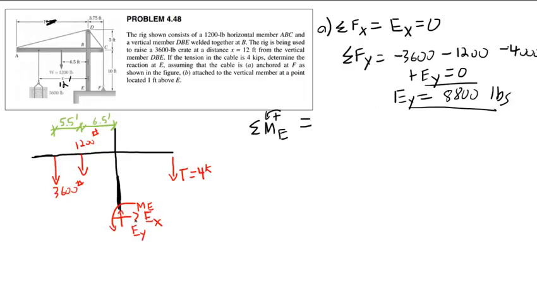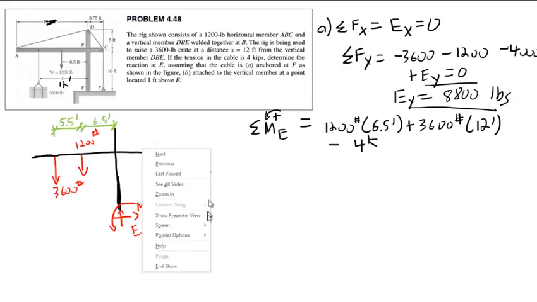All right, let's see. These two forces won't contribute to the moment, but I will have 1,200 pounds times 6.5 feet plus 3,600 pounds times 12 feet minus, let's say, 4 kips.